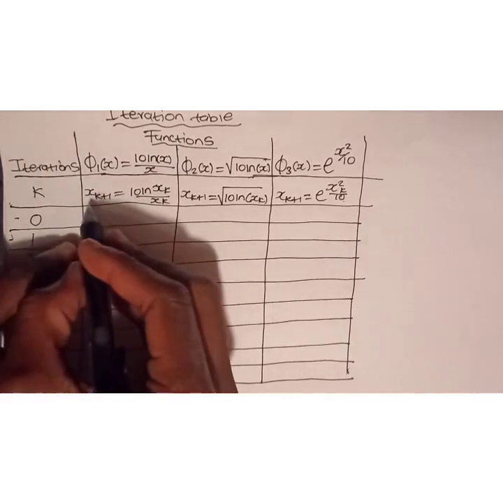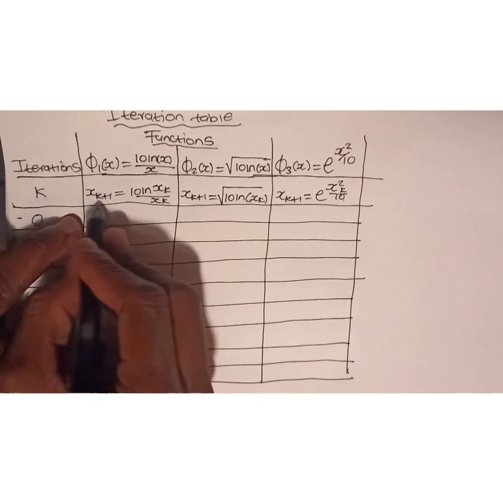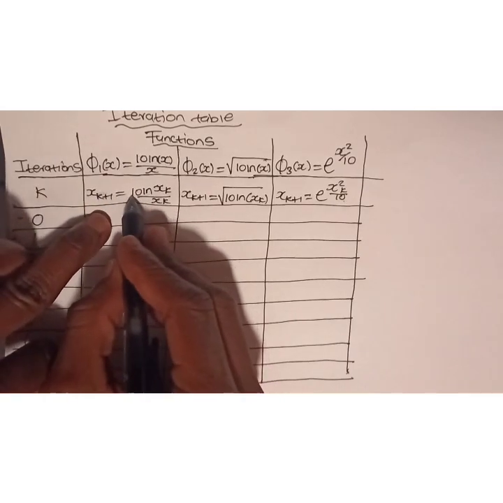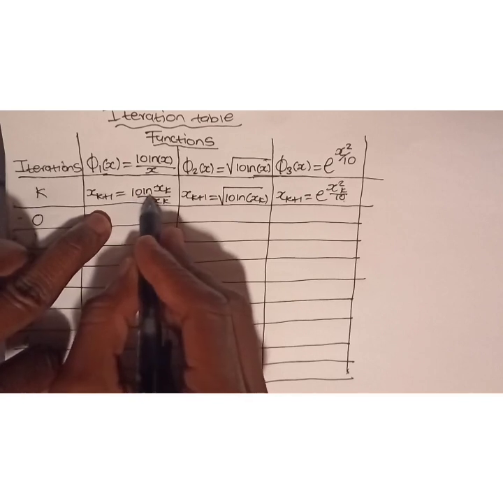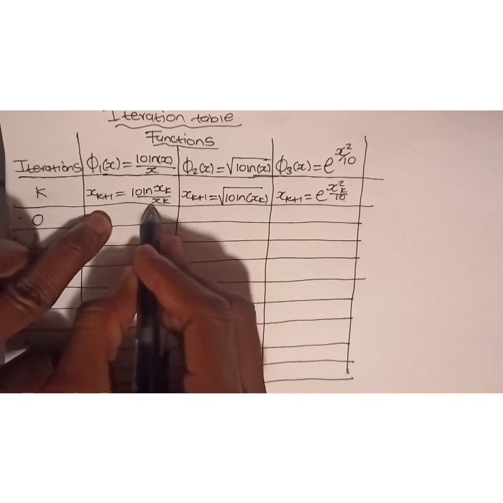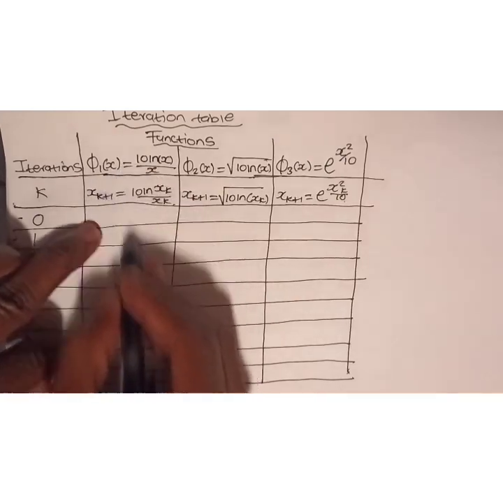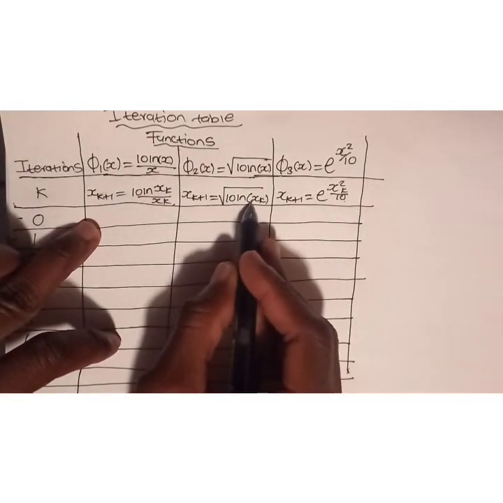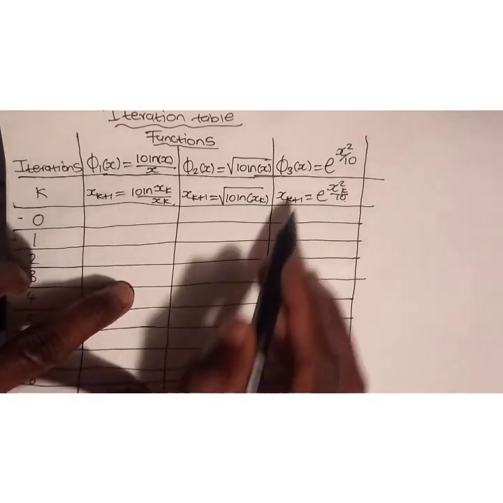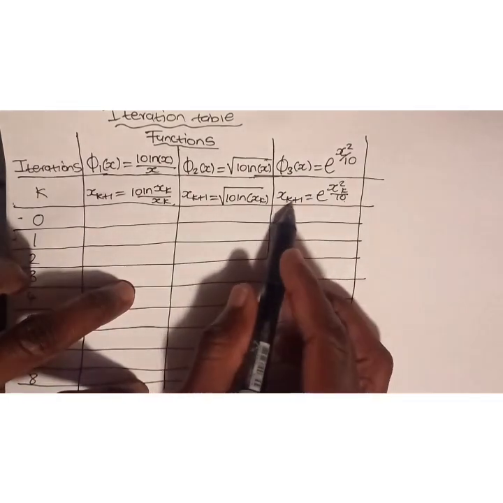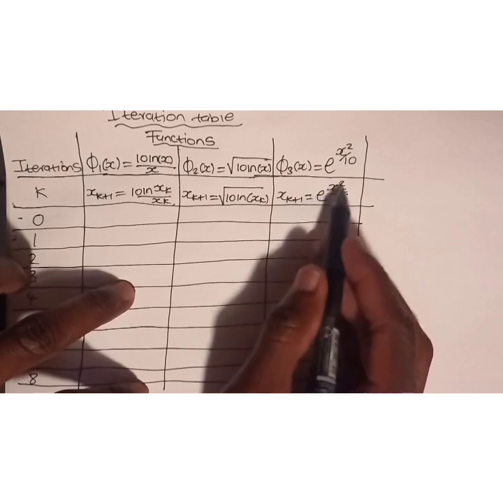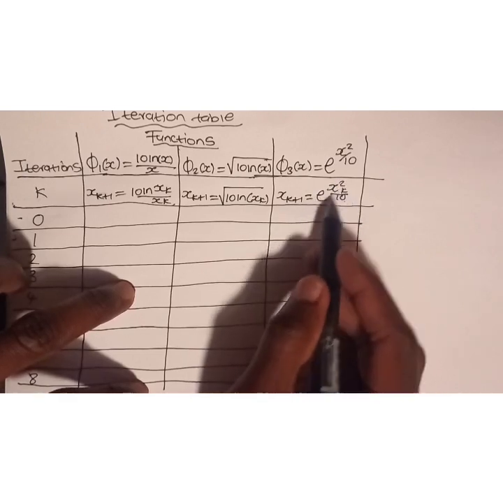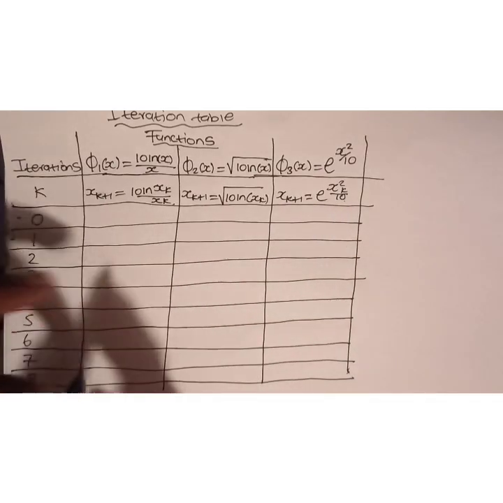I'm defining my next iteration as 10 ln of the previous divided by the previous for the first column. The second column is just the square root of 10 ln of the previous. The third column is e to the power of the previous squared over 10. So that's how it is.